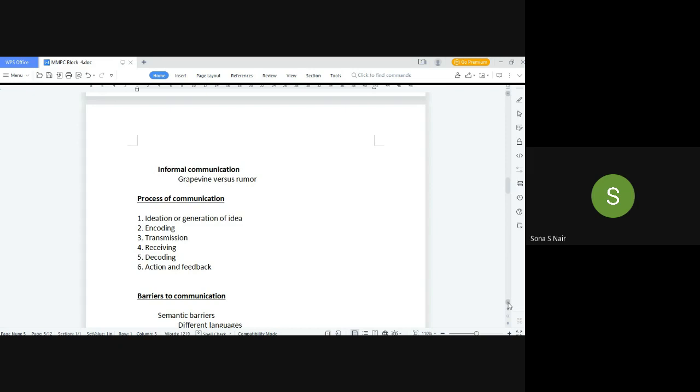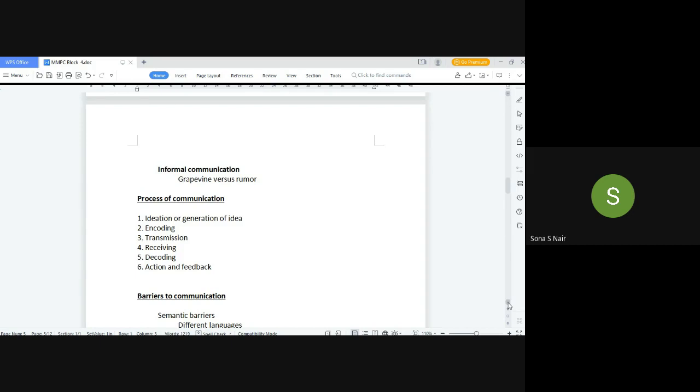Transmission is using some channel to transmit that. This transmitted information, encoded information, is received by the receiver, who decodes the language or the message which has come to him, and then either takes action on it, or passes it on to some other concerned person, and then gives the feedback to the generator of the idea, who's the sender.